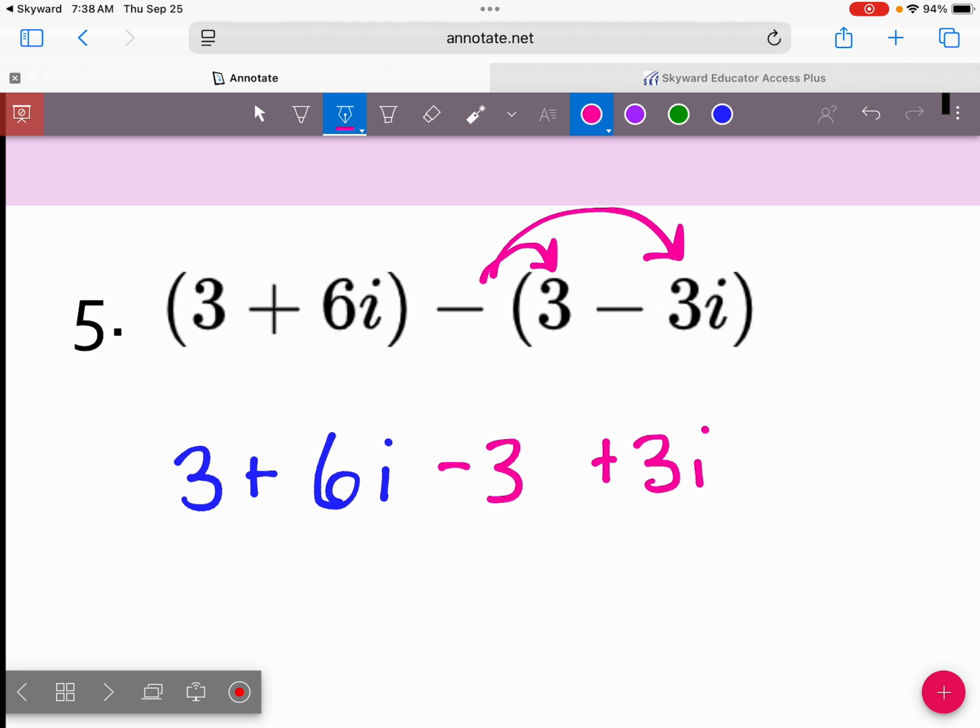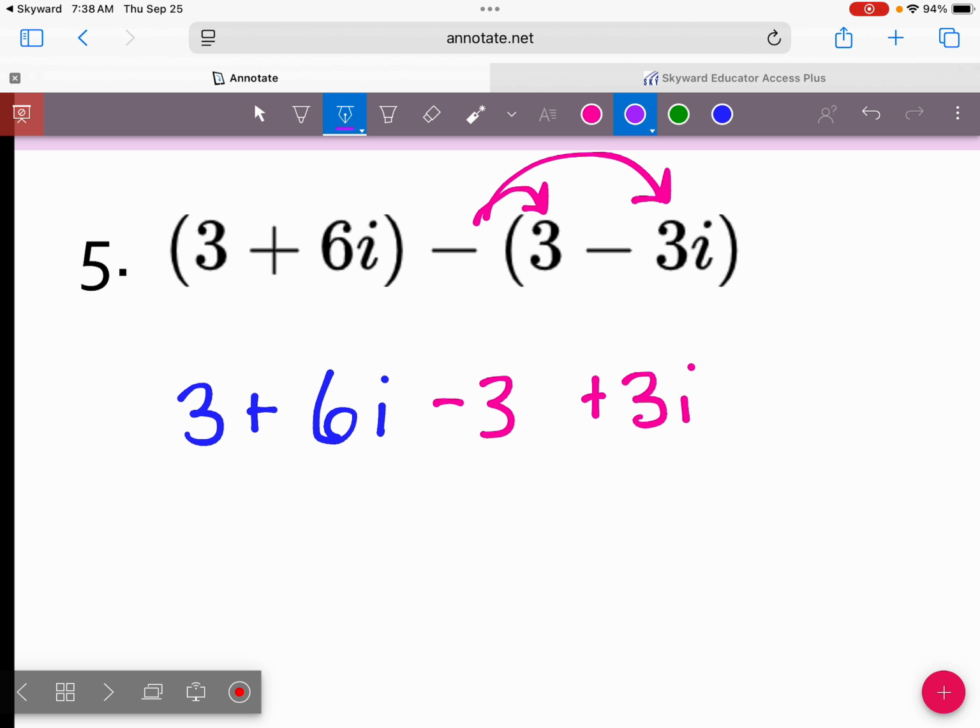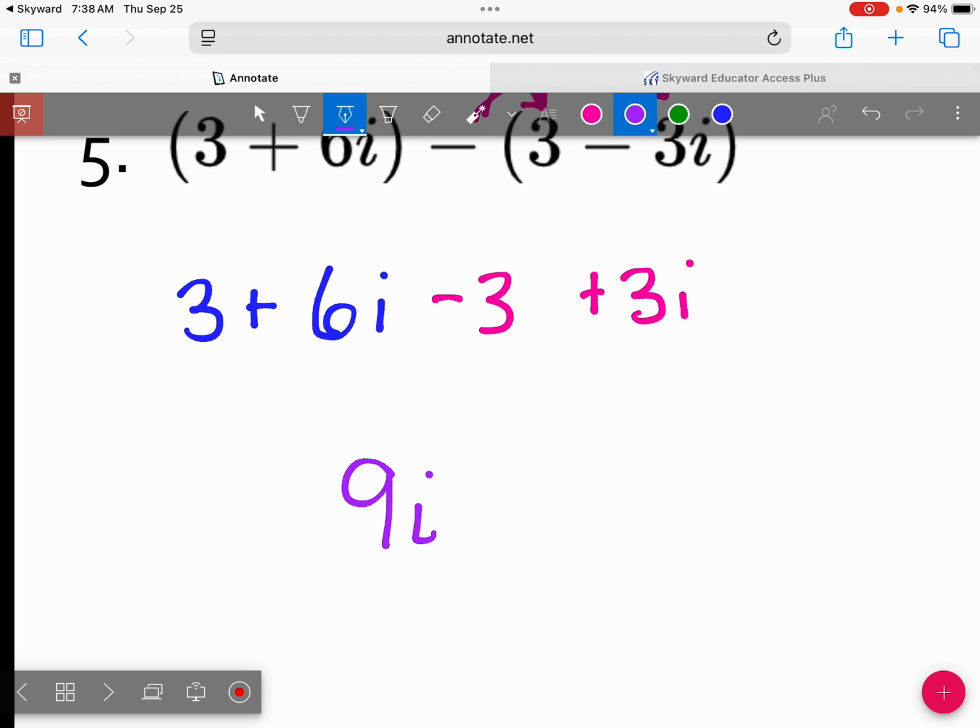So on this one, when we simplify it and get all the way down to an answer, what do we get? 9i. Because the 3 minus 3 cancels out. So again, if it helps you, you can put your plus 0 in there. But all we're left with is 6i plus 3i, so we get 9i.